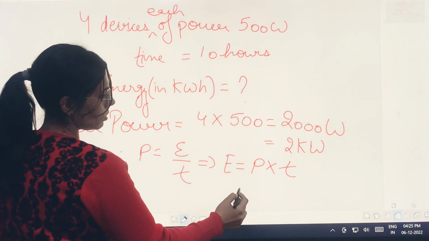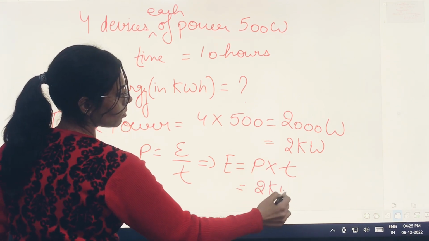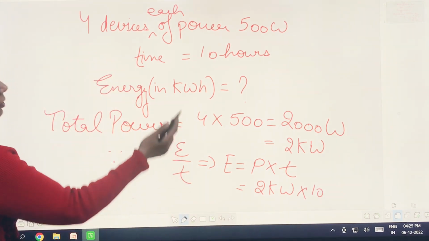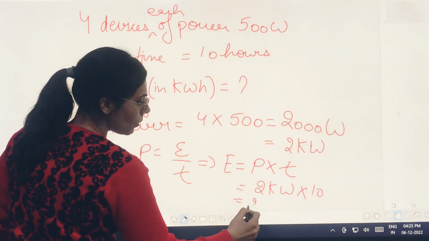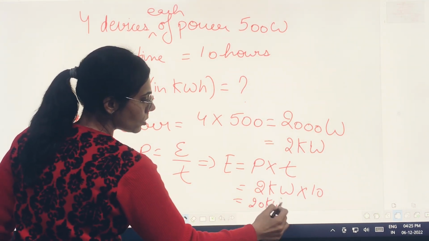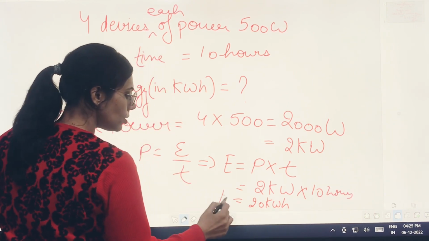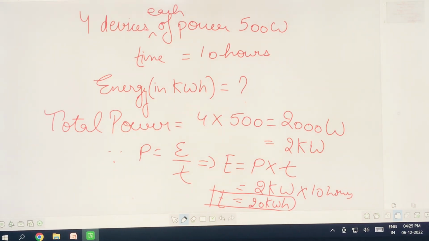Power is the total power, that is 2 kilowatt, and time is provided in hours. So yes, we need to calculate in kilowatt hours only. We can simply take time in hours. So what will the answer be? 20 kilowatt hours. So energy will be equivalent to 20 kilowatt hours over here.